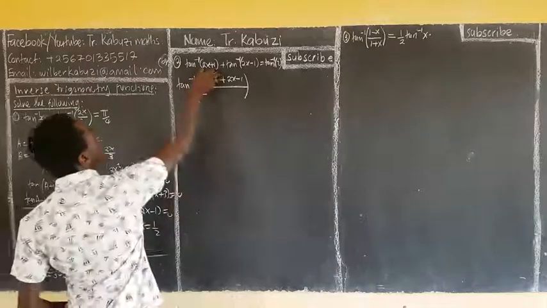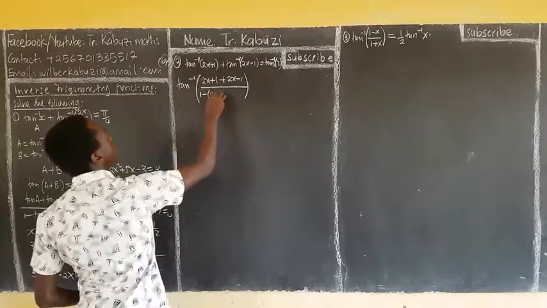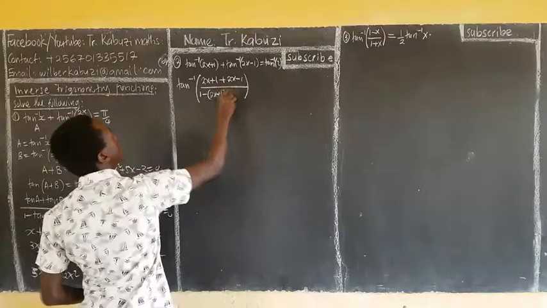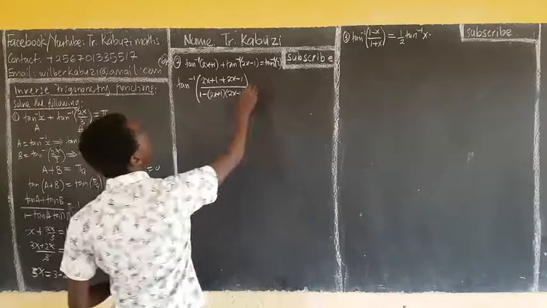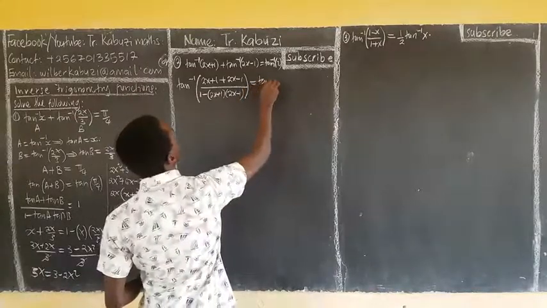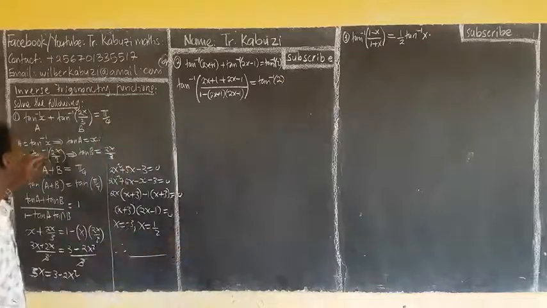So I'm multiplying only this, which will be 2x plus 1 then 2x minus 1. So the whole of this is equaling to tan inverse of 2. So that's how you can even do it here.